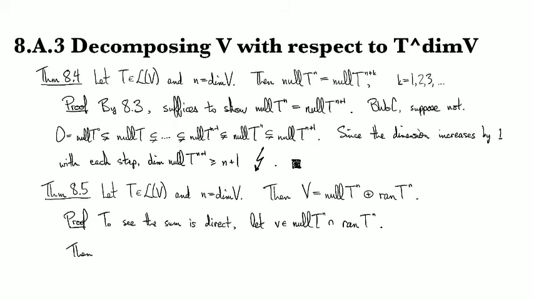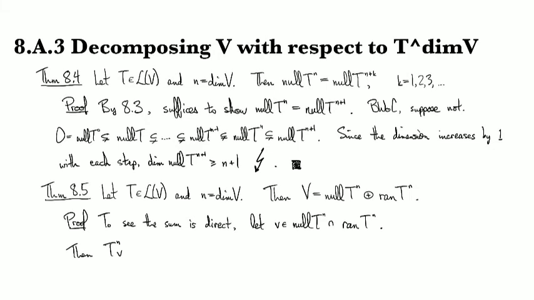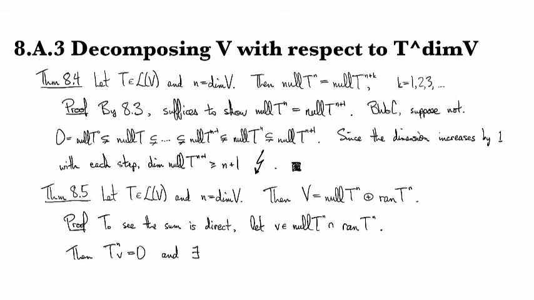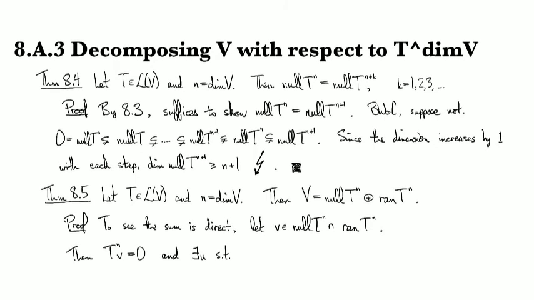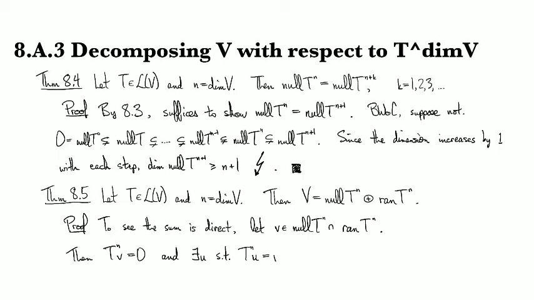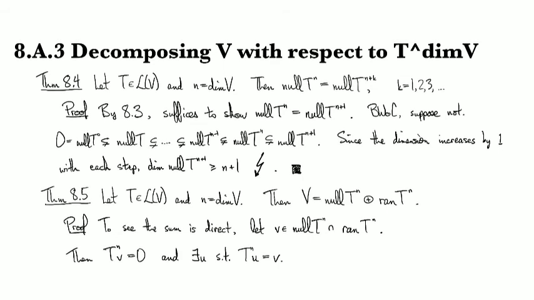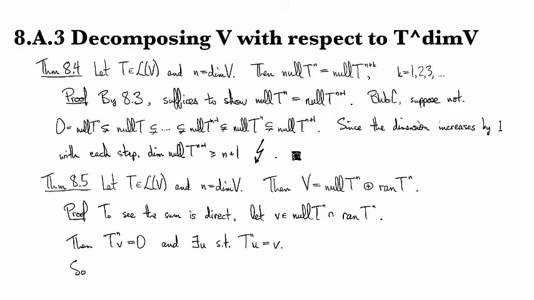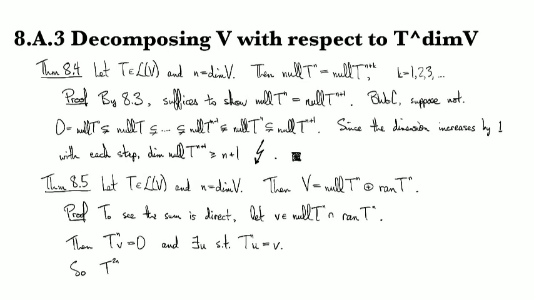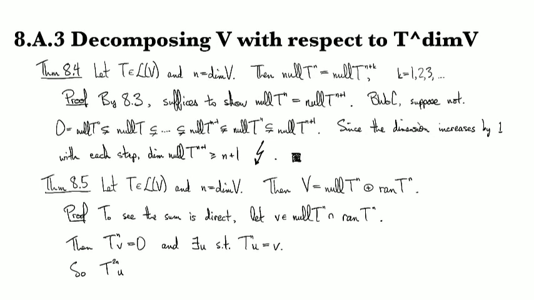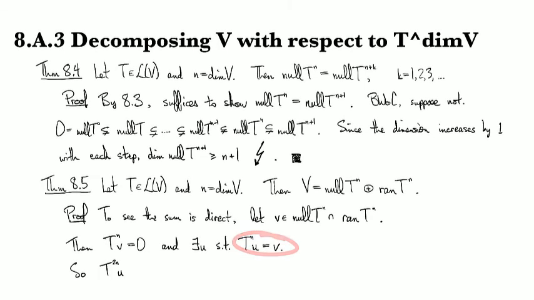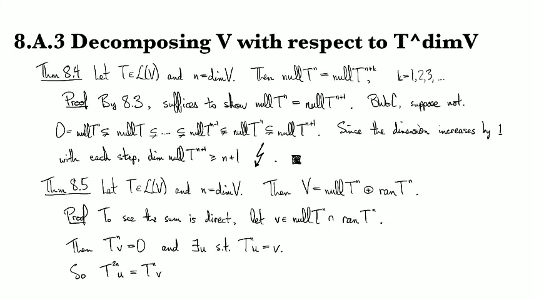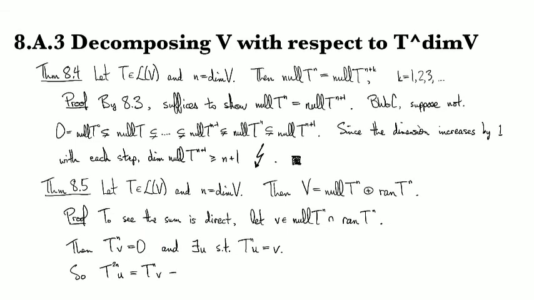The fact that it's in the null space means that T to the n applied to v gives you 0, and the fact that it's in the range means that there exists a u such that T to the n u is equal to v. All right, so what can we do with that? Well, now if I do T to the 2n applied to u, in other words, I'm applying T to the n to both sides of this equation, then this is T to the n v, but T to the n v we chose to be equal to 0.